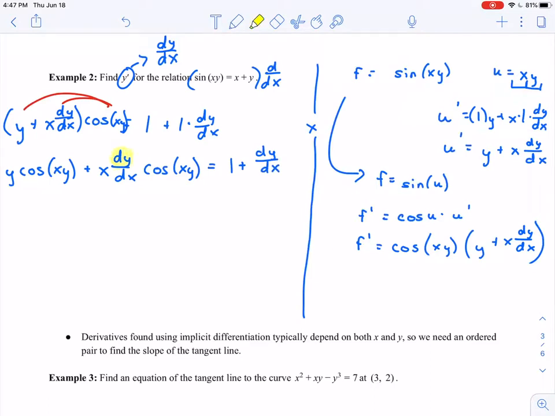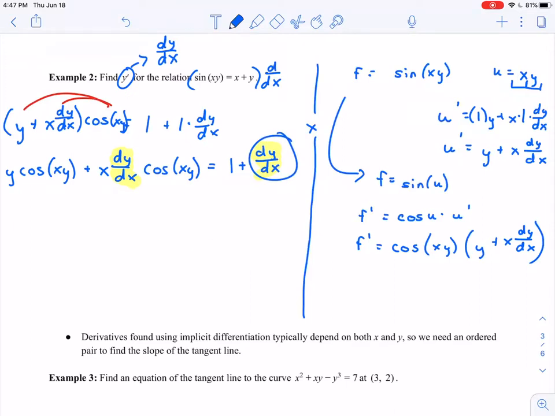If I'm trying to solve for dy over dx, I should probably get those on the same side of my equation. So here's what I'm going to do. I'm going to take this term over here, subtract it, and move that over to the right-hand side. And then this term over here, I'm going to subtract it and move that over to the left-hand side.